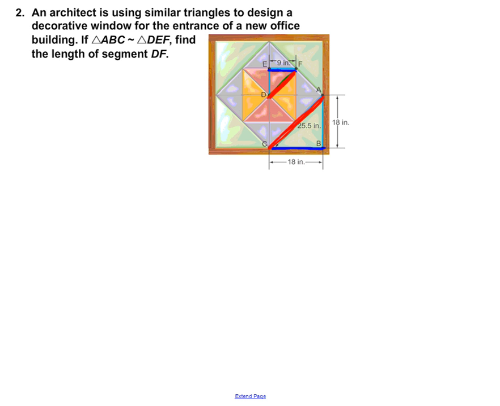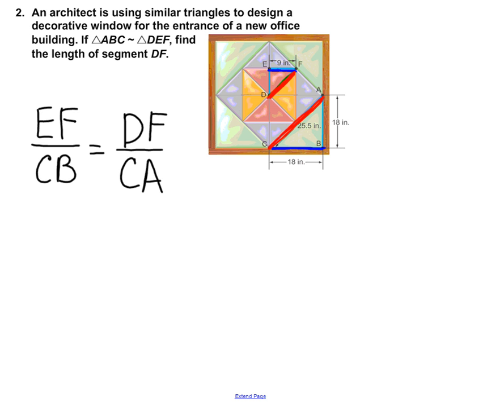Okay, so I'm going to write that out in letters. The reason why I'm doing that is because you see how one of them is kind of flipped around, and so it's very difficult to see what corresponds with what. So I'm going to start with EF. That corresponds with CB. And then we have DF corresponds with CA.